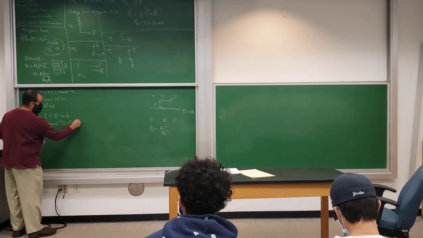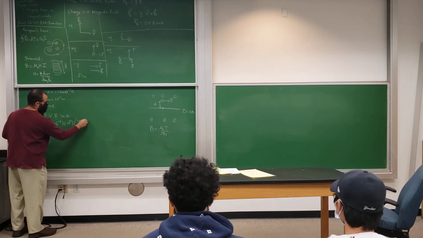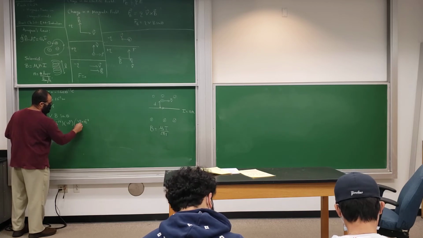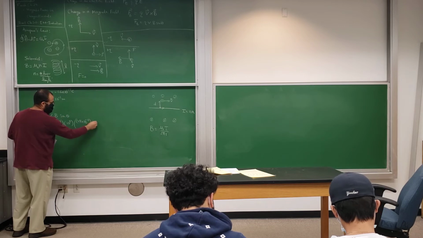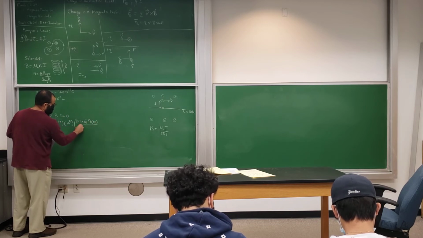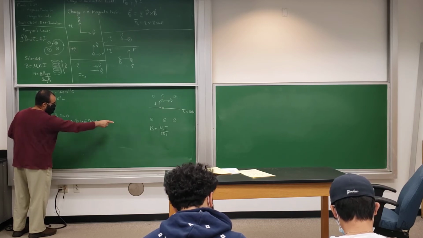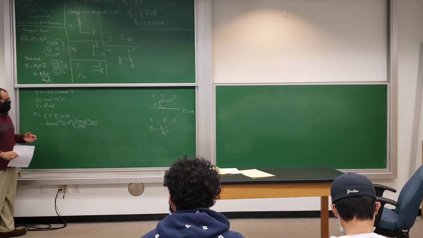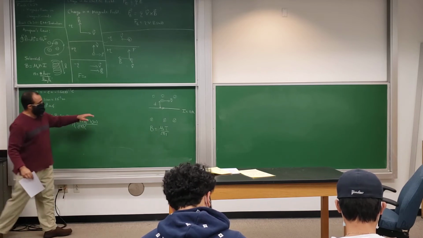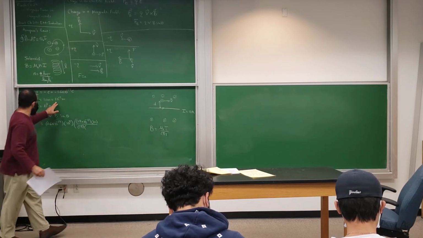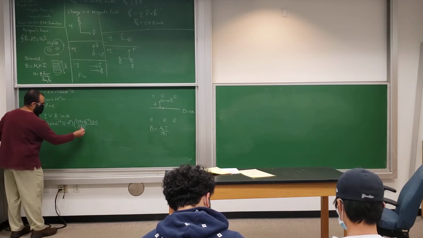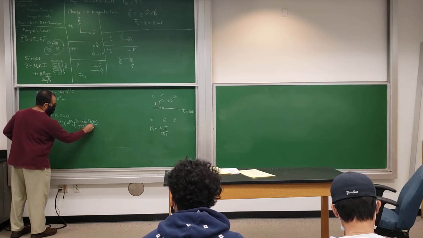Mu naught is 4 pi times 10 to the minus 7, times I, the current is 10 amperes, divided by 2 pi times r. R is the distance from the wire to the charge, this is R or D, which is 1 centimeter, 10 to the minus 2.